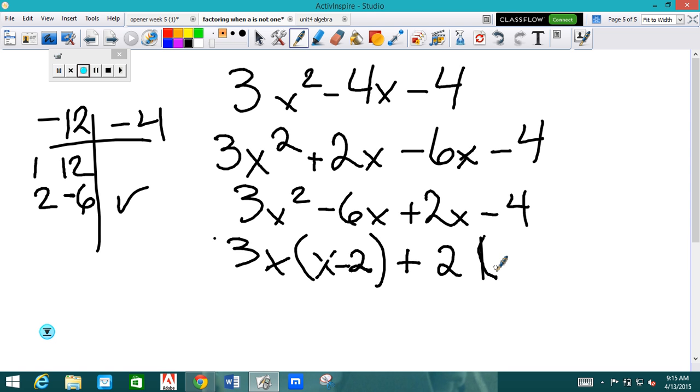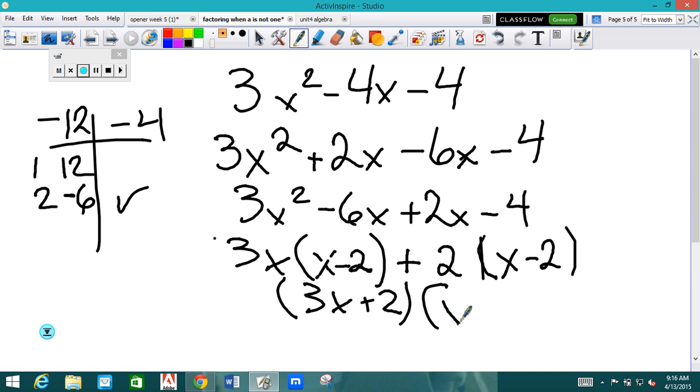So you would have x left over, and then minus 4, if I divide it by 2, I get minus 2. So you're left with 3x times x minus 2 plus 2 times x minus 2. So our parentheses match, and now we pull out the outside. So my final answer was 3x plus 2 times x minus 2.